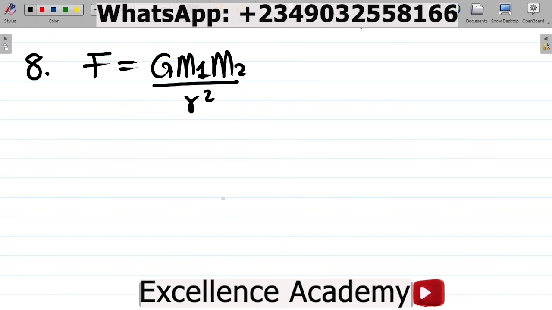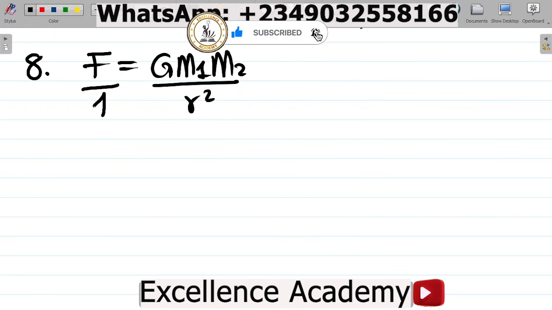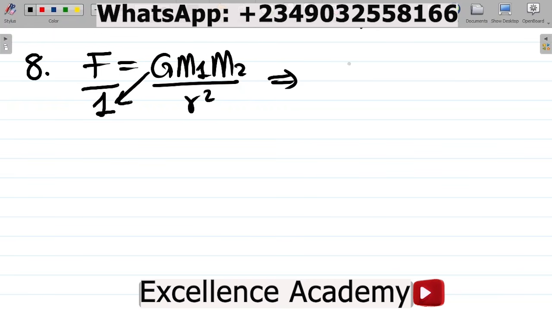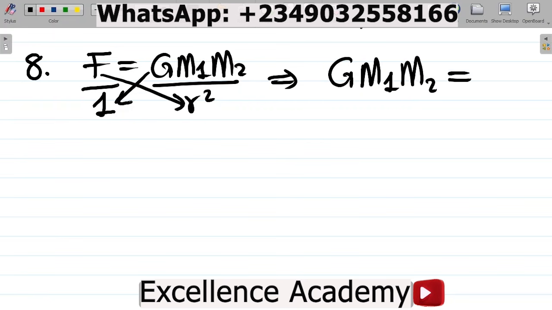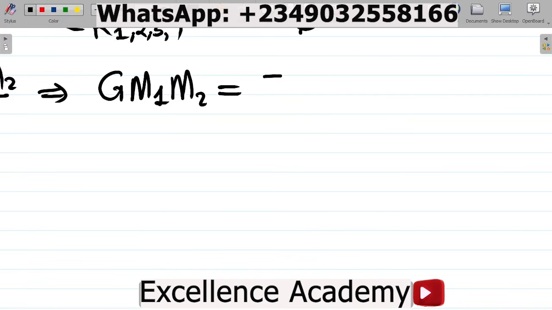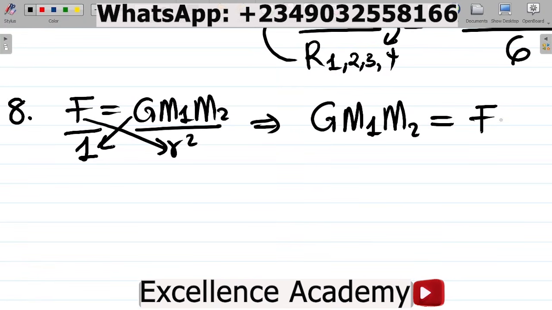Now, moving on, for us to get the dimension of G, the first thing we want to do is to make capital G, the universal gravitational constant, the subject of the formula. So cross multiply: G m1 m2 is equal to F times r squared, giving F r squared.